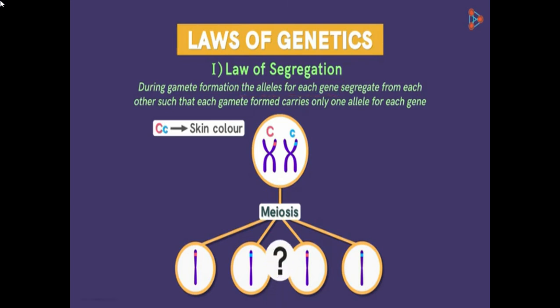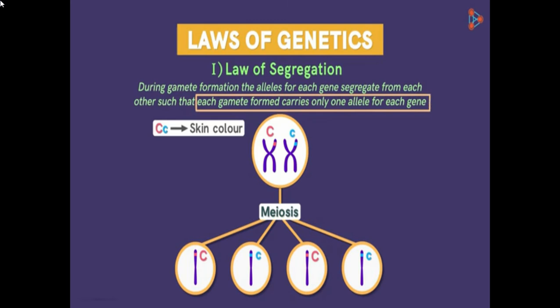Now what's the next part? The next part of the statement is segregate from each other. This means the alleles will separate. They will not remain together in the process. And now comes the last part. It says that one gamete carries only one allele for each gene. Now this part means that at the end of the meiosis process, we will get 4 cells such that each cell will have only one allele in it.